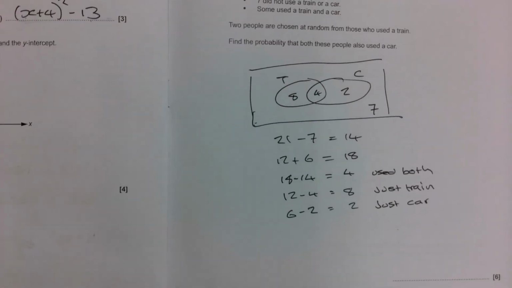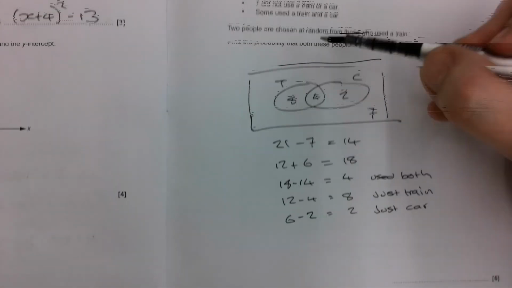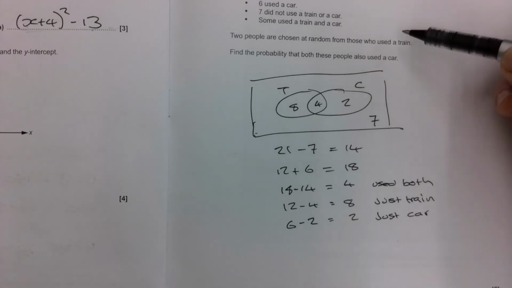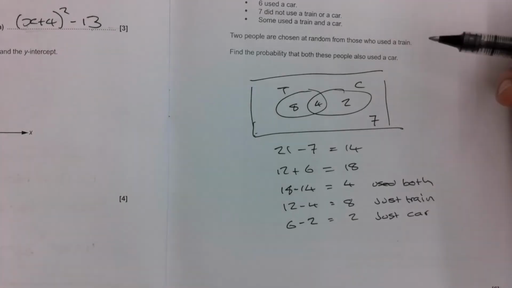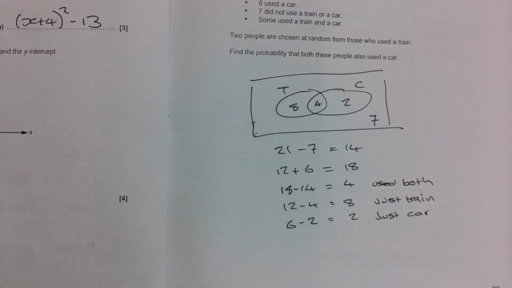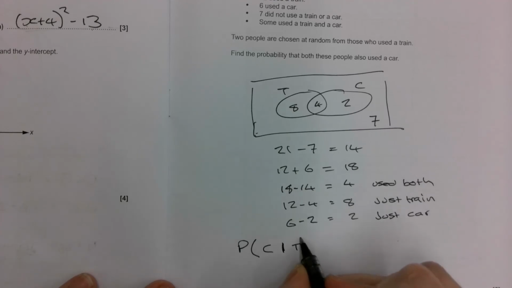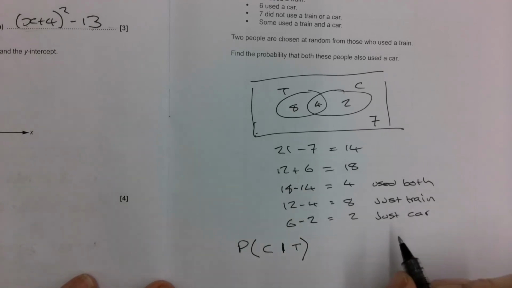Now, we wanted the probability, if we picked 2 people who used the train, we want the probability that they also used a car. So we're only interested in the people who travelled by train. So we're going for the probability of using a car given they used the train.